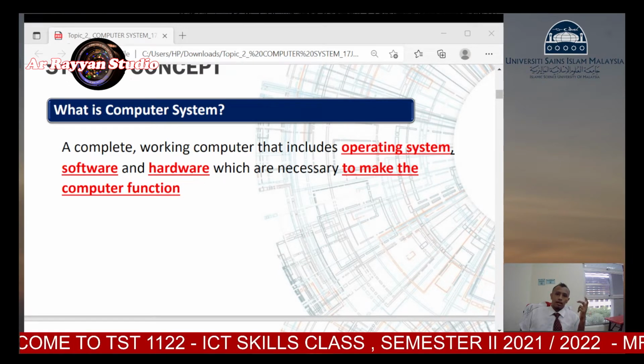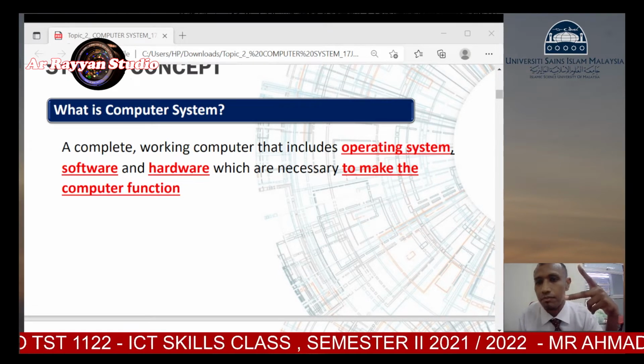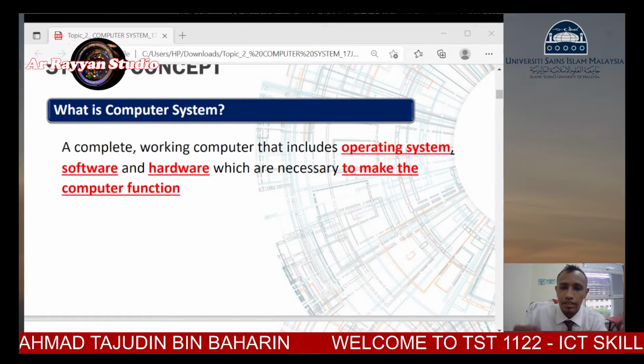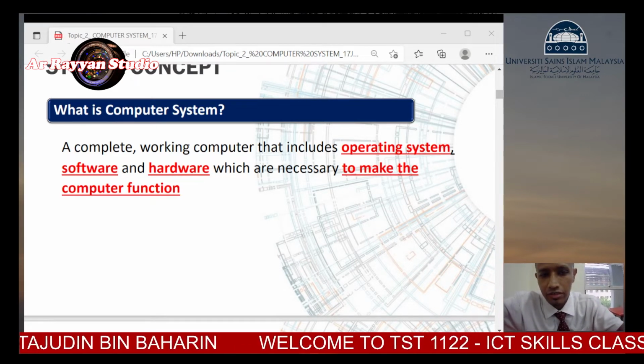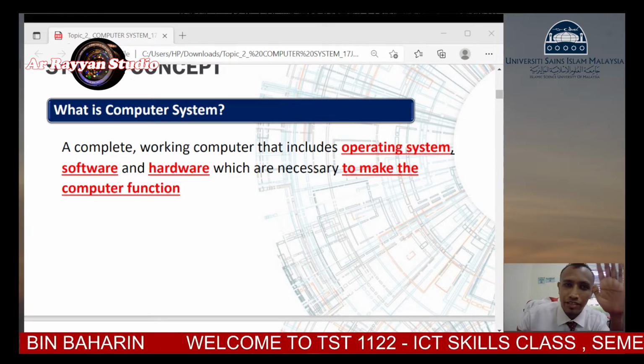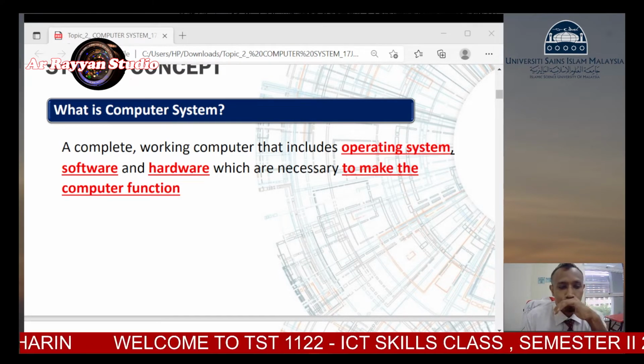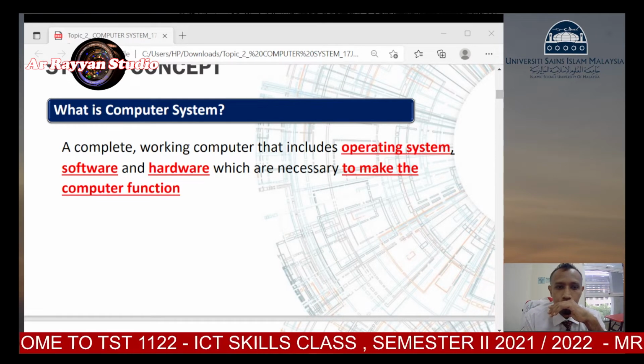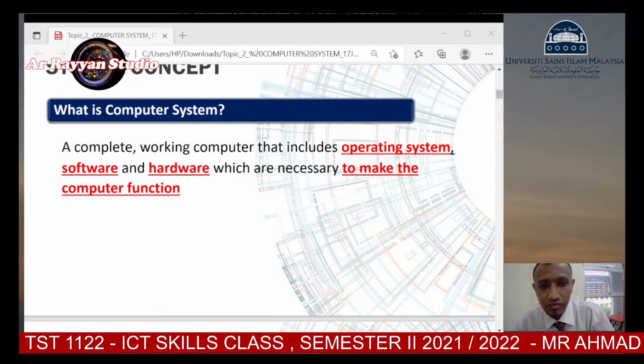So actually what is an operating system that you know? Android, iOS. Yes, something like that. Alright, so what is software? Software ni macam application. Yes, application.